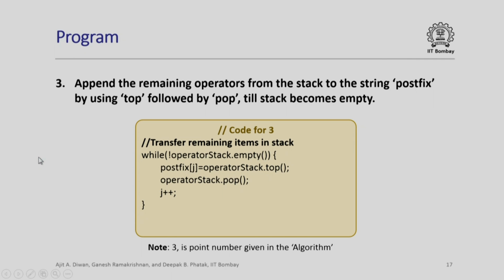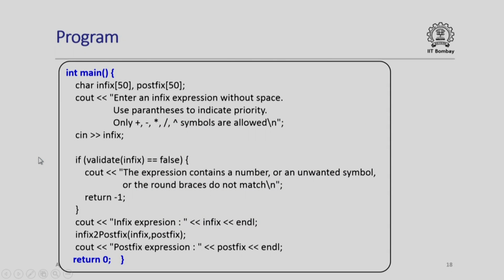This completes my program, and now I can write my main program, which is rather simple. I have an infix string and a postfix string. I collect from the user an infix string and validate it. If the validation returns false, then I will give a message, sorry boss, you have not given me a correct expression, so I can't do anything, and return -1.